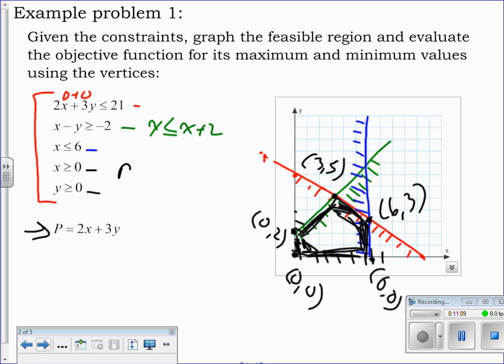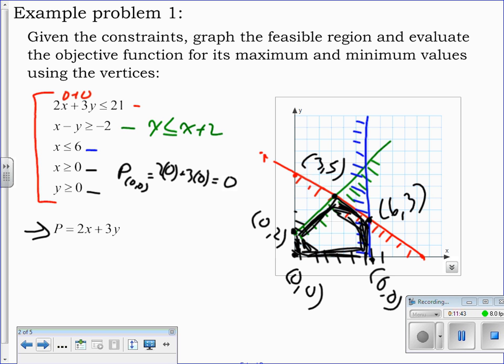So I try P at 0, 0. Notice what I did there? I did a little subscript of the coordinate, P at the point 0, 0, so I know which point I'm doing it at. 2 times 0 plus 3 times 0 is 0. I am guessing that is my minimum, because there's no way to get a negative. But you'll always want to double check and make sure. You try every point.